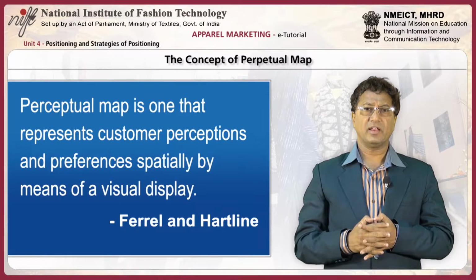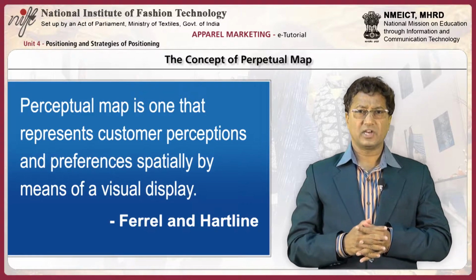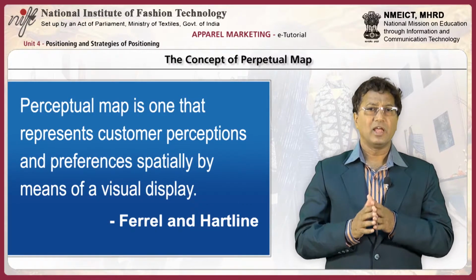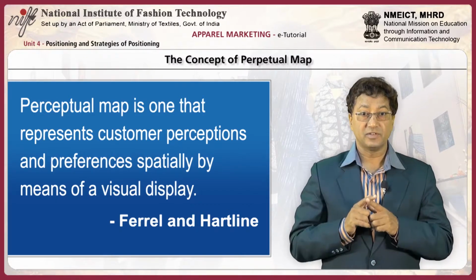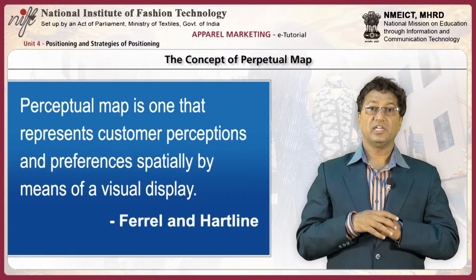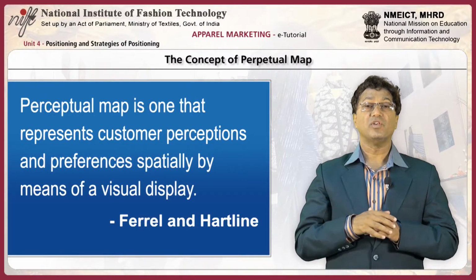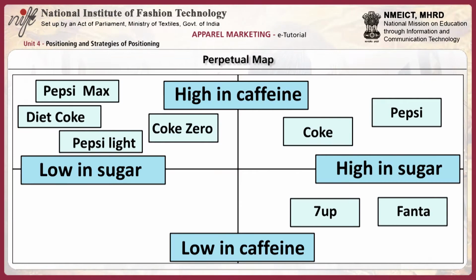Renowned authors Farrell and Hartline describe a perceptual map as one that represents customer perceptions and preferences spatially by means of a visual display. A perceptual map or positioning map is a tool that visually attempts to map the consumer's perceptions and understanding of the competitive products and their respective positioning in the market.